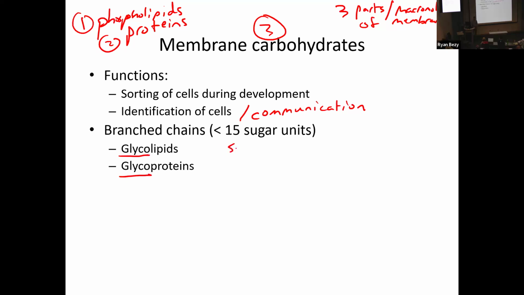This basically represents sugar lipids or sugar proteins is what this is translating as. So there are these hybrid molecules of protein parts and sugar parts when it comes to glycoproteins, which is pretty common. Basically a protein with a sugar attached when we're talking about a glycoprotein, or it's a lipid with a sugar chain attached when we're talking about glycolipids.